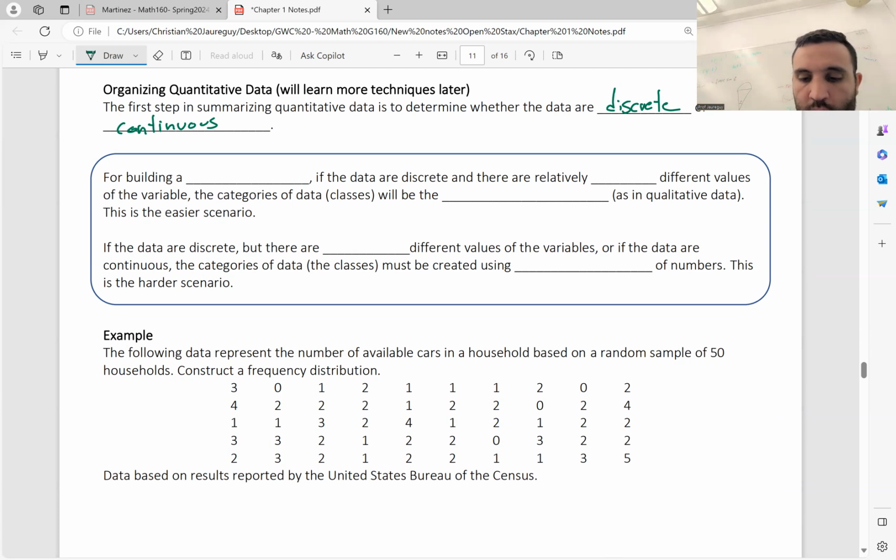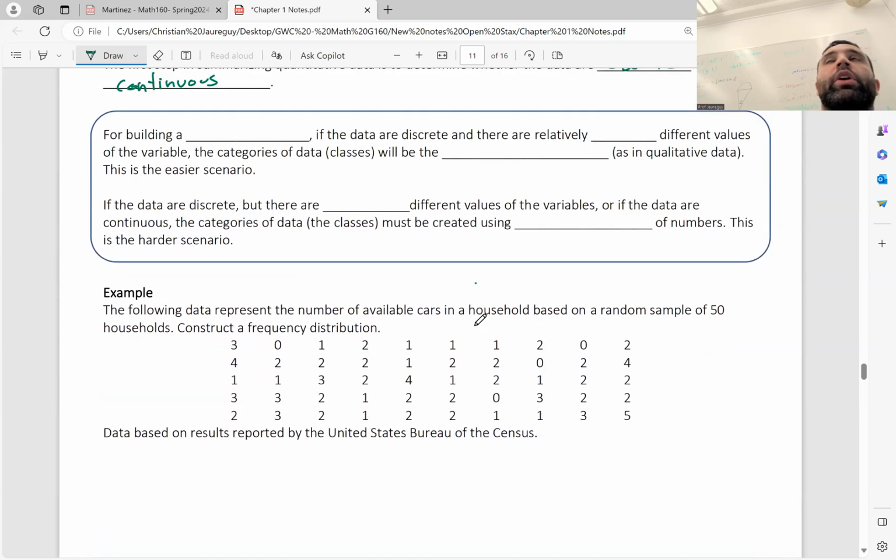One second here. For building a frequency distribution, because we're going to do that, again, very similar to how we did earlier. We're building a frequency distribution.